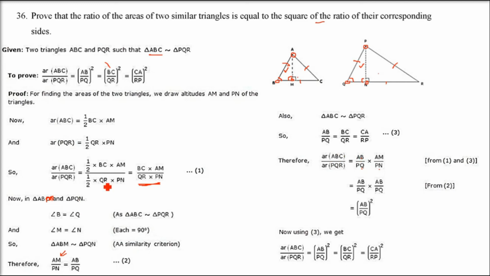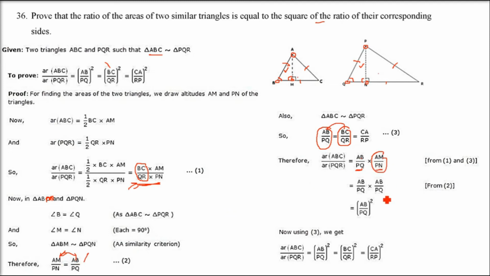I hope you got the idea. So you can write BC by QR here. AM by PN, so BC square and QR square will come. You can write AM by PN as AB by PQ, and then AB by PQ either way. The eventuality is you are going to get AB square by PQ square.